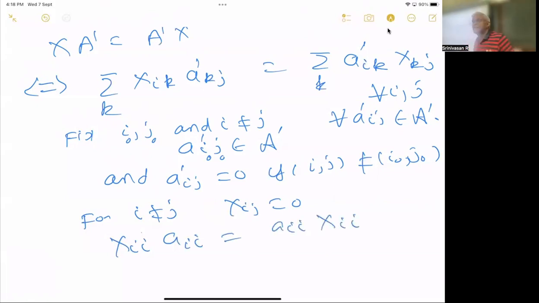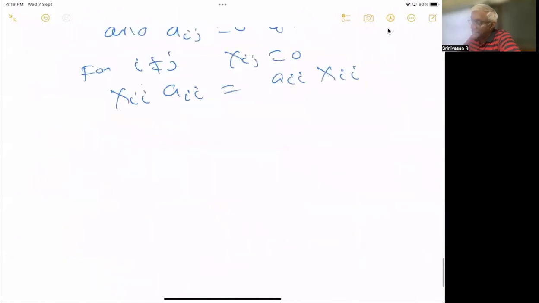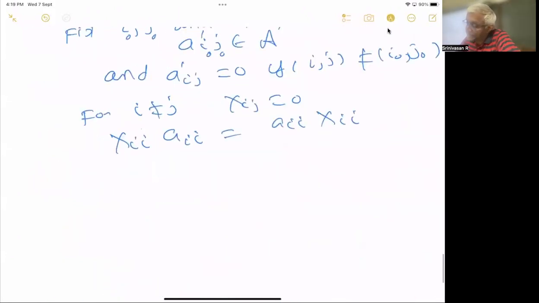This is what I want to get, by taking maybe i0 or something. I can take any a_{i0}. This expression is true for anything, so I'm choosing a_{i0}. So this is what I want to get. There is a prime here again.